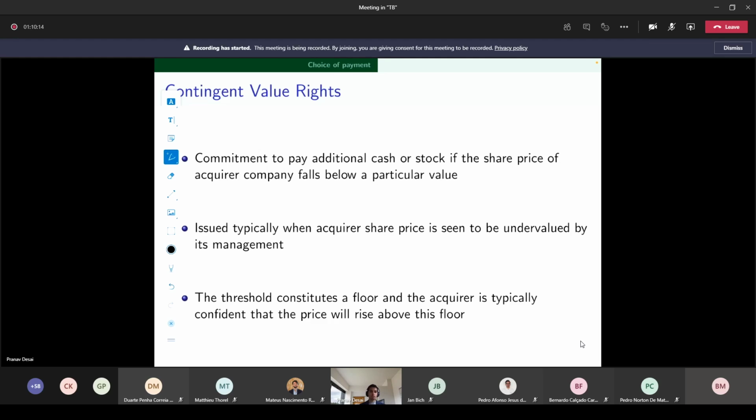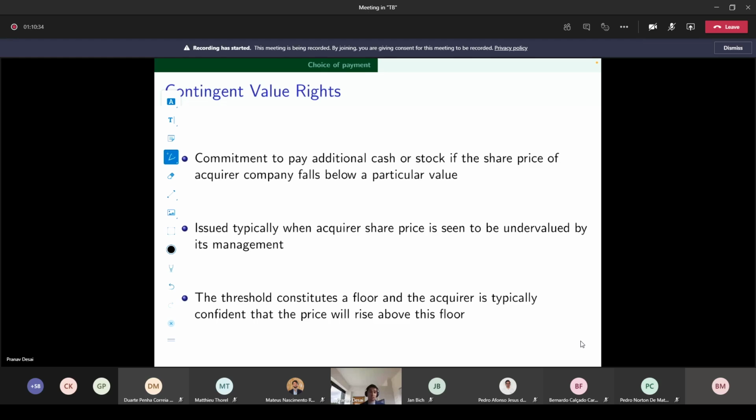Now, this type of option, that's contingent value rights, is typically built upon payment. So when you make the payment, if you're making it in the form of stock, then you might want to protect yourself as both an acquirer as well as a target.